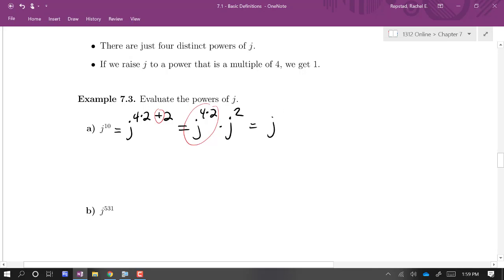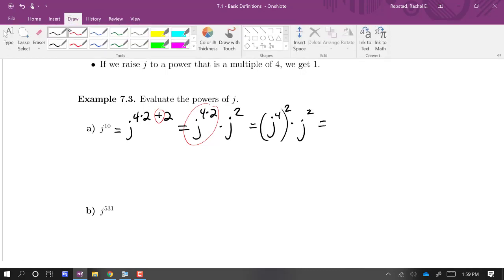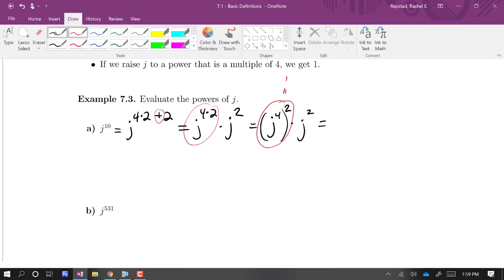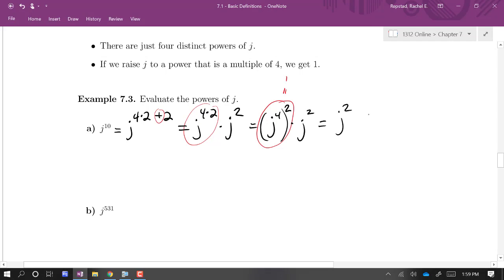So this is j to the 4th, squared, times j squared. The reason this is helpful is because I know that j to the 4th is 1. So what we have here is 1 squared, which is 1. 1 to any power is 1. And then j to the 10th is the same as j squared, which is negative 1.